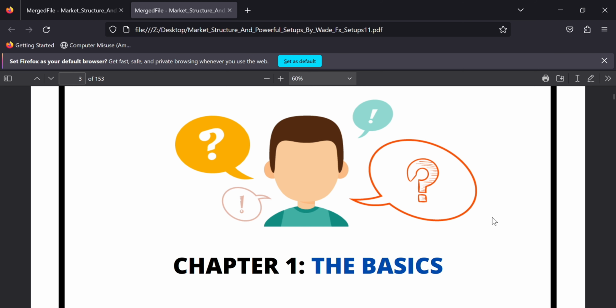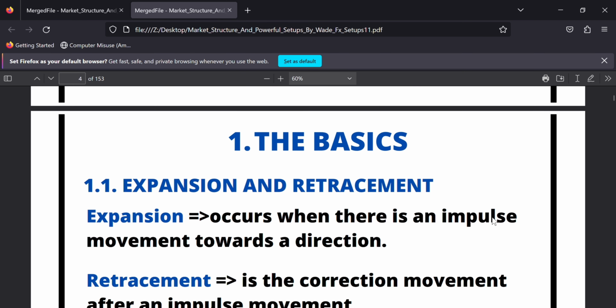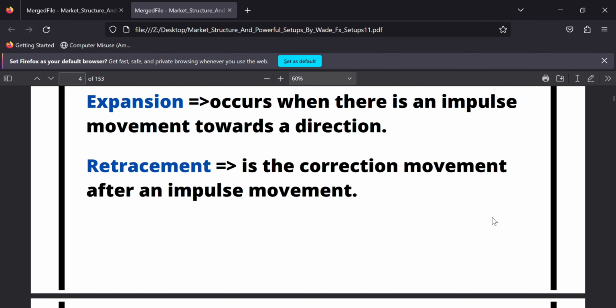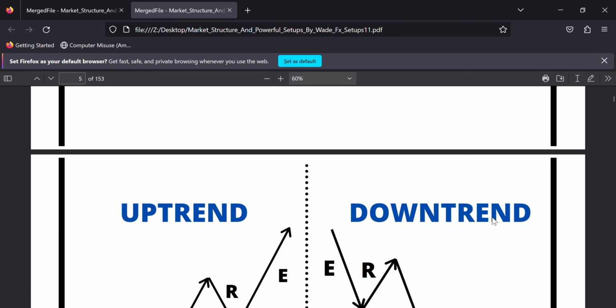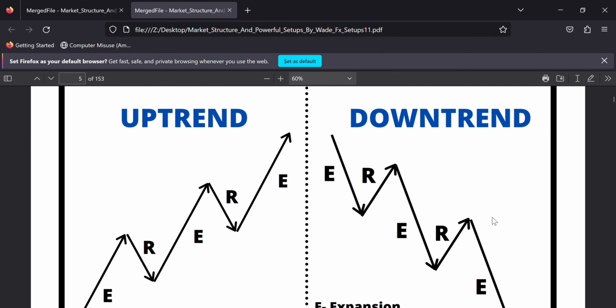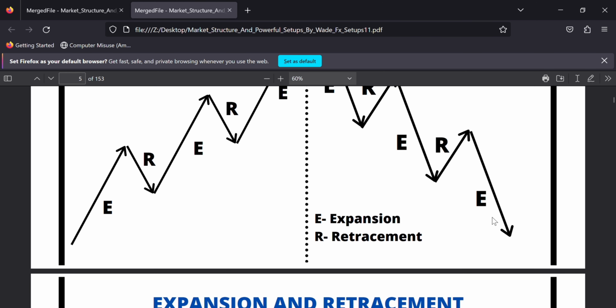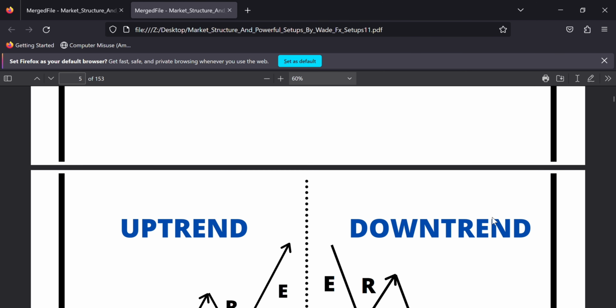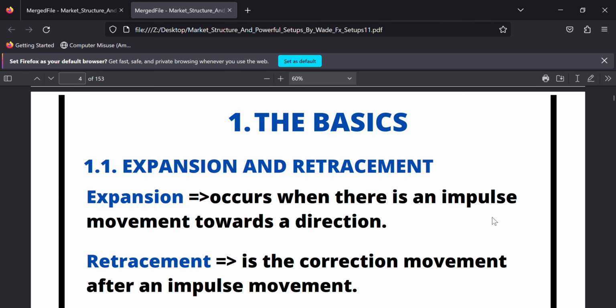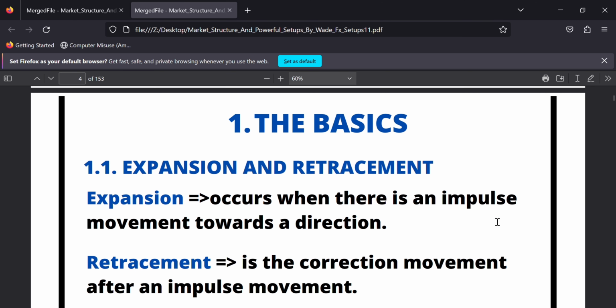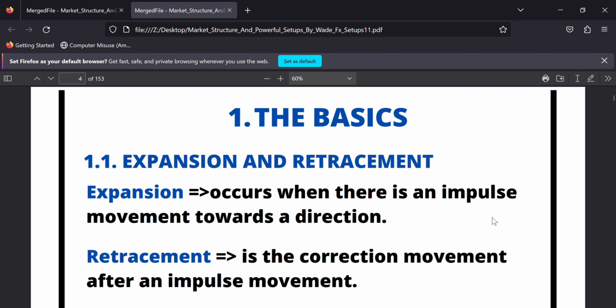The PDF that I'm using right now, you can download it for free in the description below. So we are going to look into this book, and it's called Market Structure. If you need it, the link is in the description.